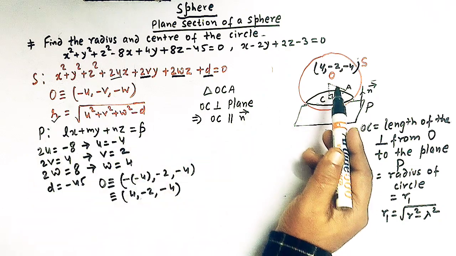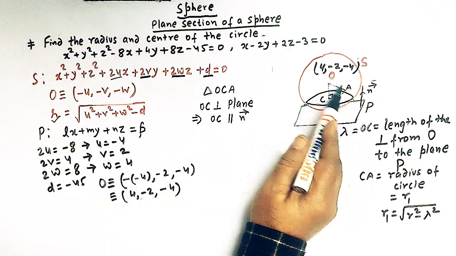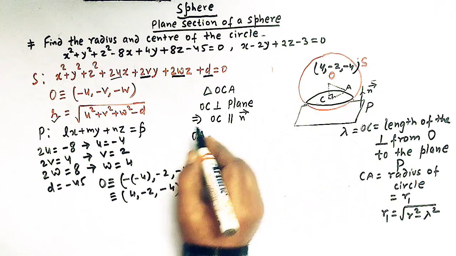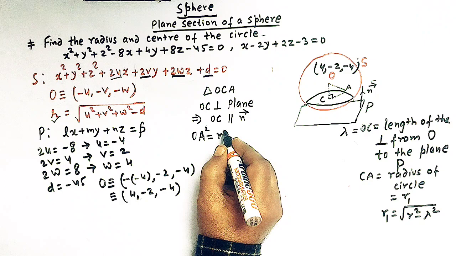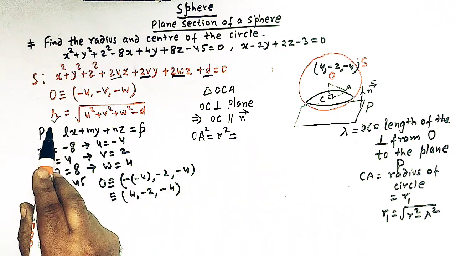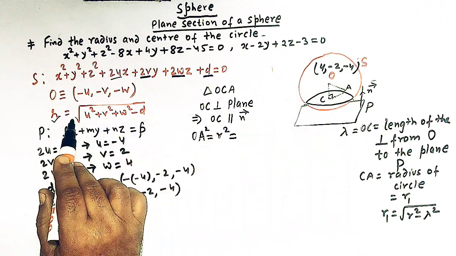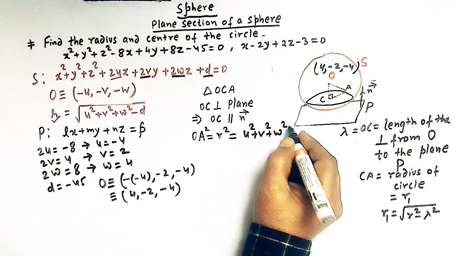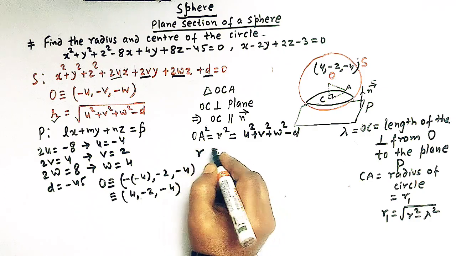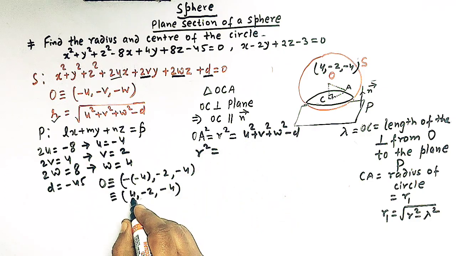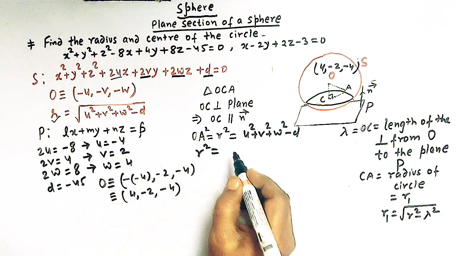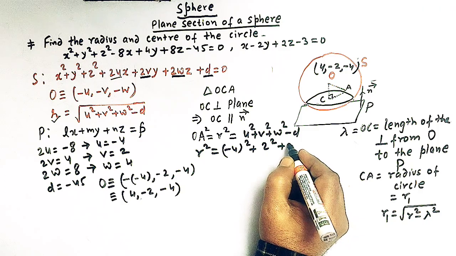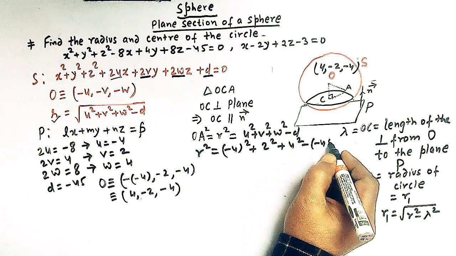Okay, now let us obtain the radius of the sphere. The radius of the sphere, that is OA square, is equal to r square, because we are taking r as the radius of the sphere, and this is equal to u square plus v square plus w square minus d. So r square is minus 4 square, then 2 square, then 4 square, and minus minus 45.